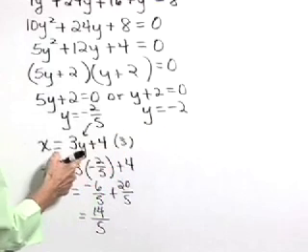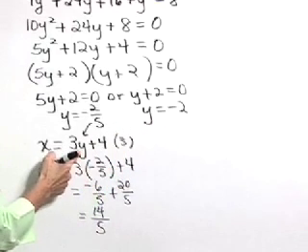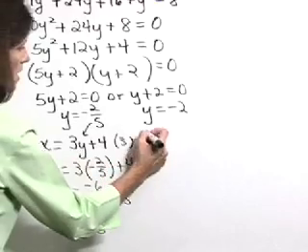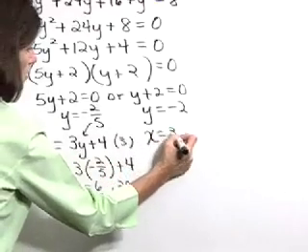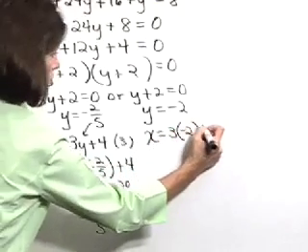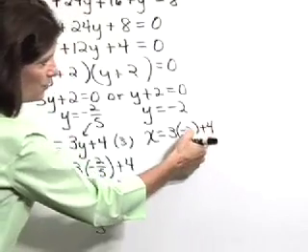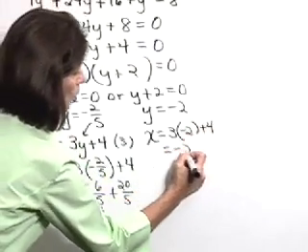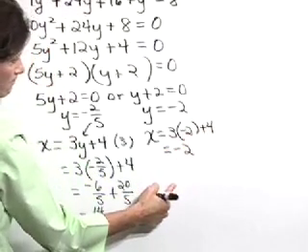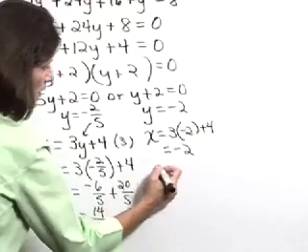Now let's find the x value that goes with y equal negative 2. I'm going to substitute negative 2 into the same equation 3 right here for y. So x is equal to 3 times negative 2 plus 4. That's a negative 6 plus 4, or a negative 2. Let's describe our solution set now.